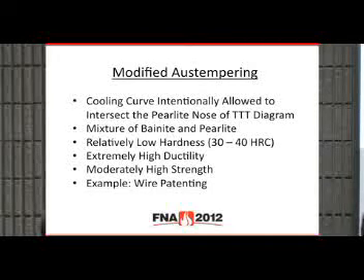The microstructure consists of a mixture of bainite and pearlite, because the cooling curve is intersecting the pearlitic nose. So the hardness is relatively low, but the ductility is extremely high, and the steel tensile strength is also moderately high. One excellent example of modified Austempering is wire patenting.